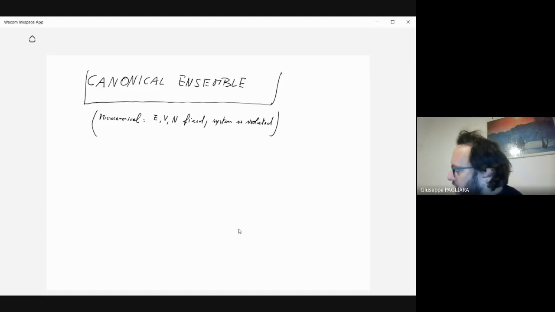And in this situation of the microcanonical ensemble, you take your Hamiltonian, it could contain kinetic terms or also terms having the interaction. And what you have to do is to compute the volume in the phase space occupied by your system once you have the constraint that the energy is fixed, or better to say that the Hamiltonian is between E minus delta divided by 2 and E plus delta divided by 2.